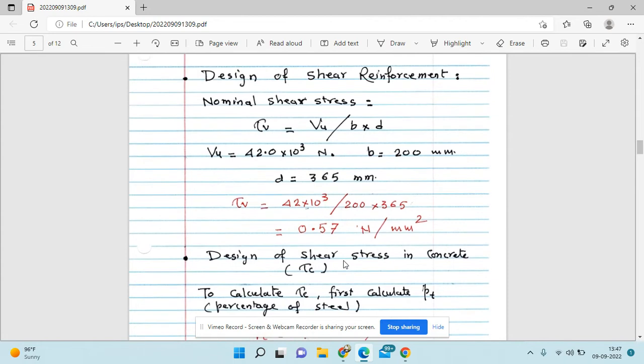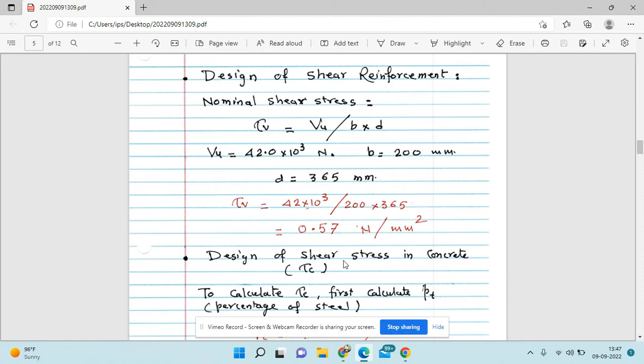Now we'll go for the next part, the design of the shear reinforcement. Shear reinforcement will be calculated in terms of vertical stirrups. Nominal shear stress is calculated as tau v equals Vu upon b into d.